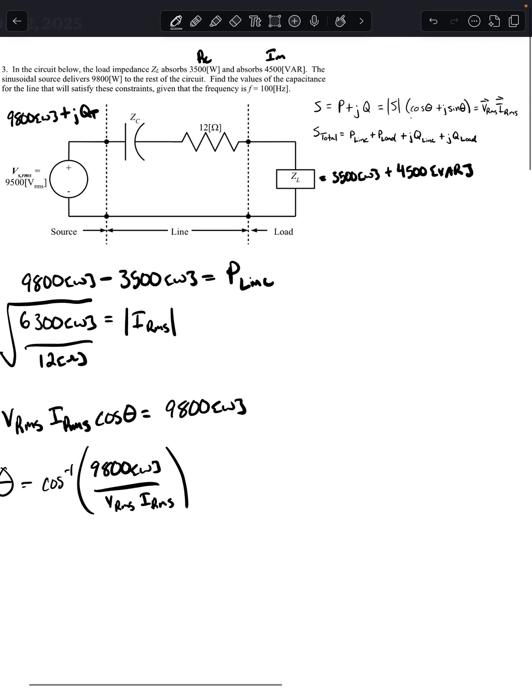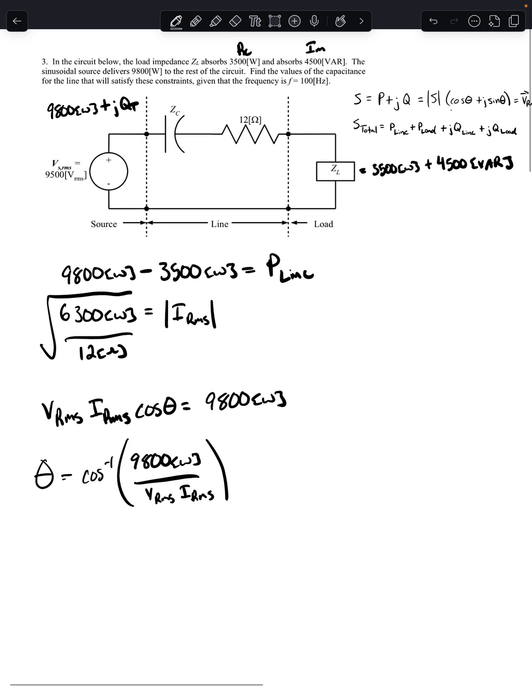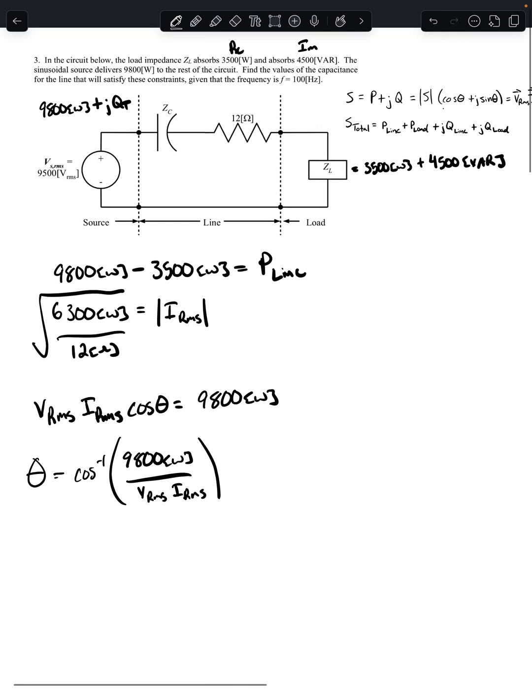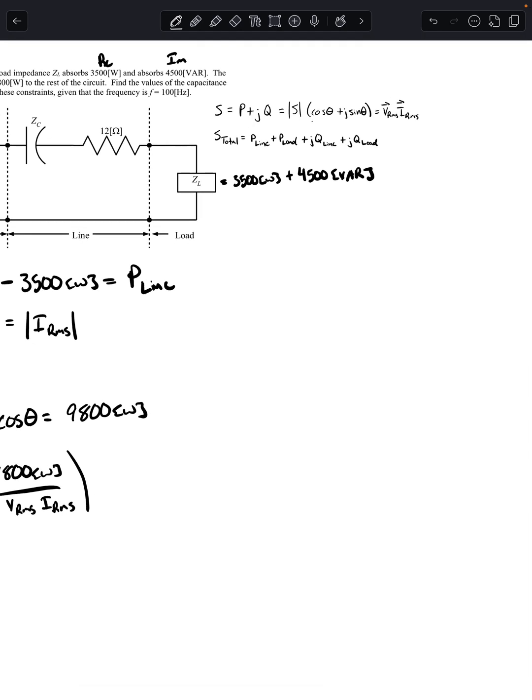Now with theta, we should be able to find our imaginary part. What we can do here is we can say that 9,800 watts over cosine theta is our real part times sine theta for our imaginary part is equal to a number QT.